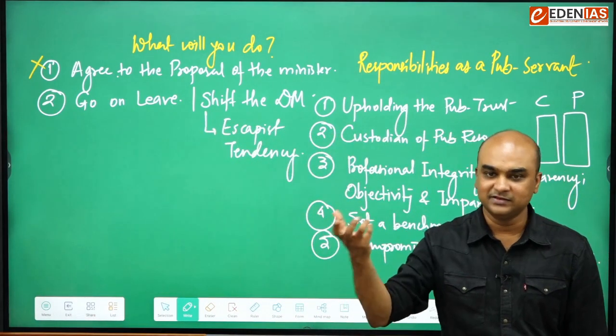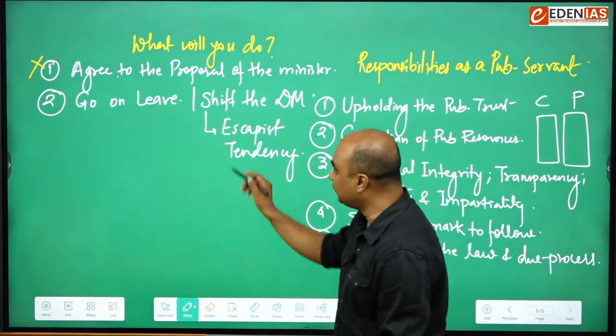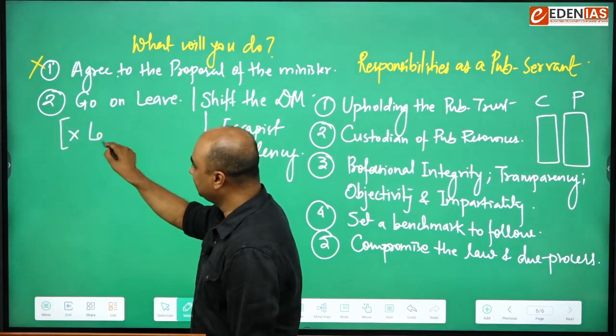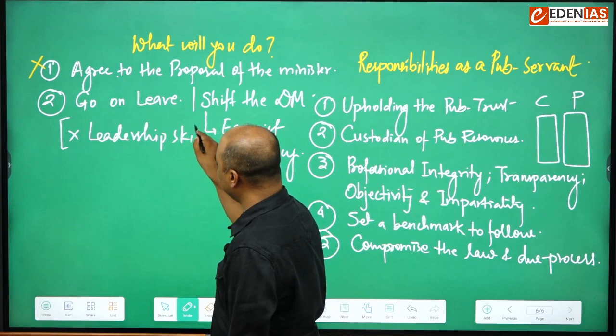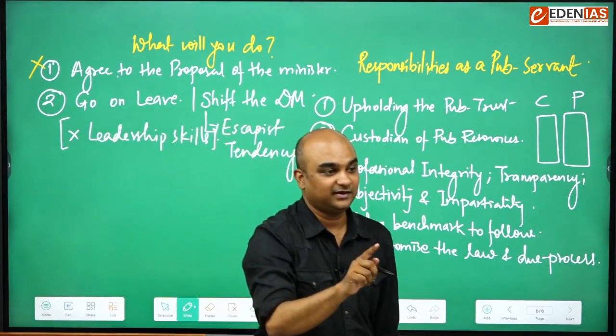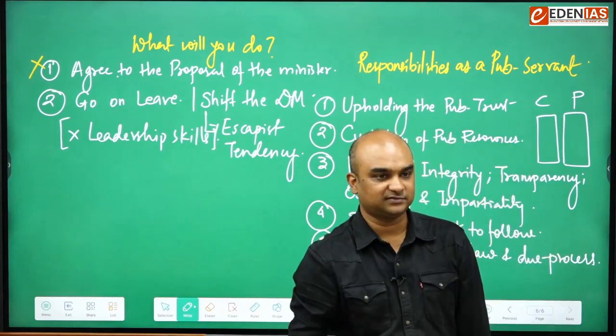Now you will run away whenever stress falls on you. Do you understand that? Also, this shows that you lack what? You lack leadership skills, which is one of the prerequisites in public life according to the Nolan principles. You understand that?